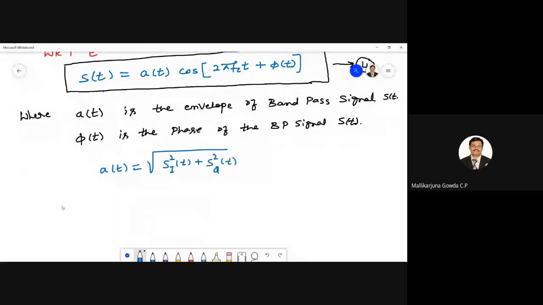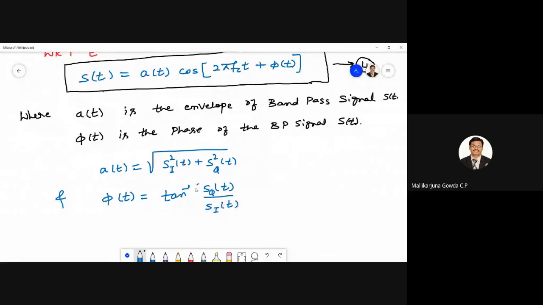So this is my A(t), and the phase φ(t) can be written as tan inverse of s_Q(t) by s_I(t).